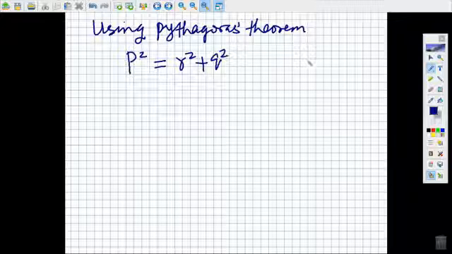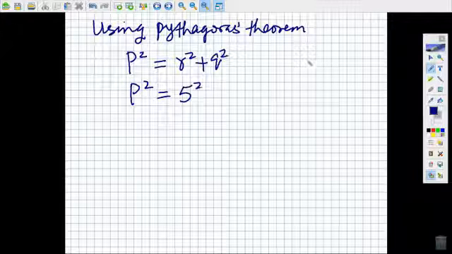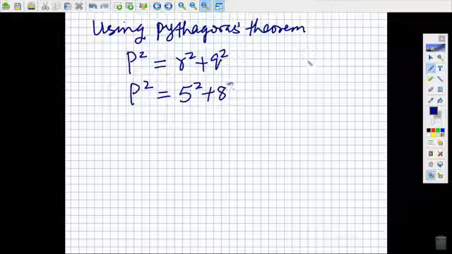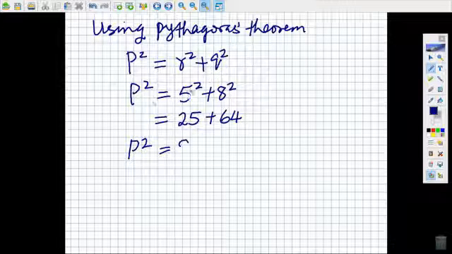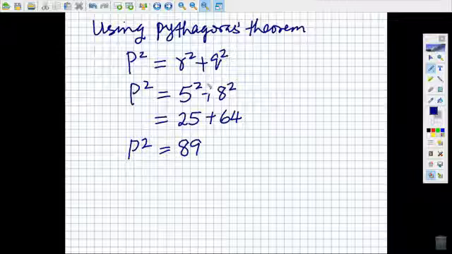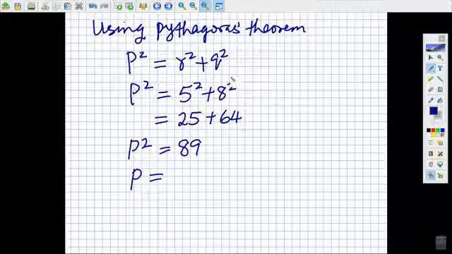Furthermore, p square is equal to 5 square plus 8 square. p square is equal to 25 plus 64. p square is equal to 89. p is equal to root 89.